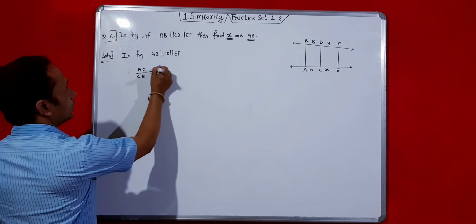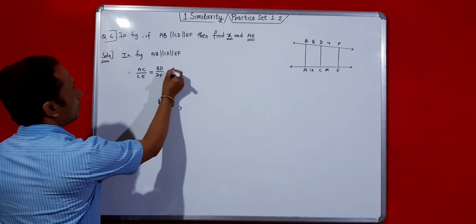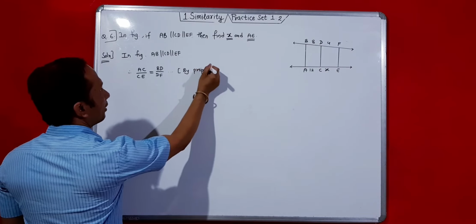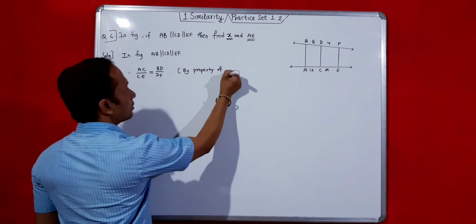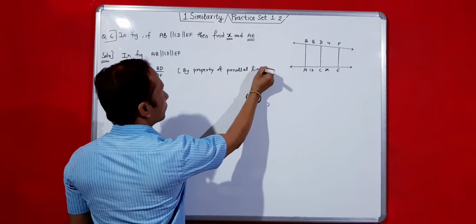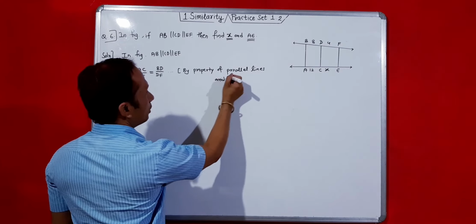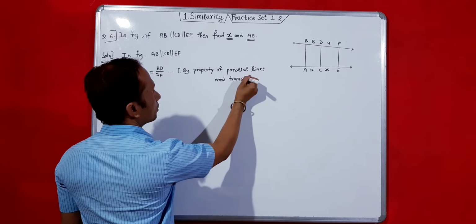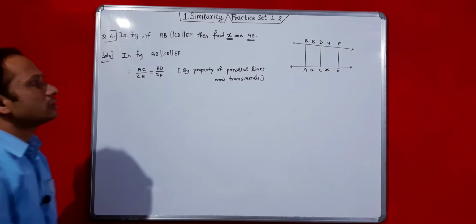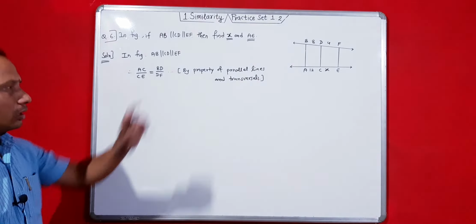The reason is the property of parallel lines and transversals, according to the given diagram.